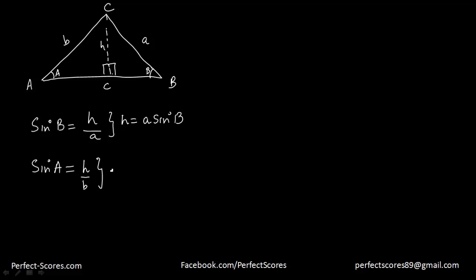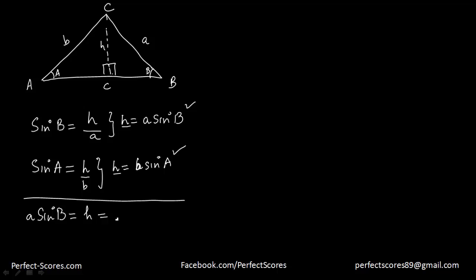So from here I can say that h is equal to b sine A. Now we know that the value of h is equal, so we can equate this to this, which means I can say that a sine B is equal to h, which is equal to b sine A, right? So I have these two expressions, that is a sine B is equal to b sine A.